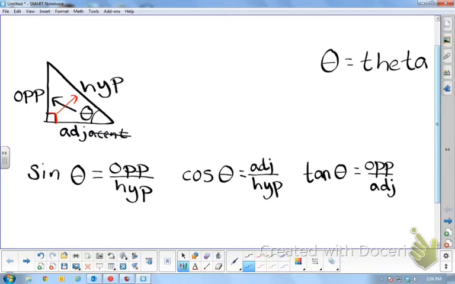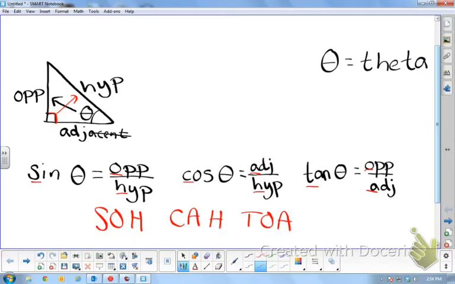Now these are formulas you will need to have memorized eventually. So usually the way we remember it is by using the first letter in each of these. So sine equals opposite over hypotenuse, cosine equals adjacent over hypotenuse, tangent equals opposite over adjacent. Putting all those together, we get SOHCAHTOA.